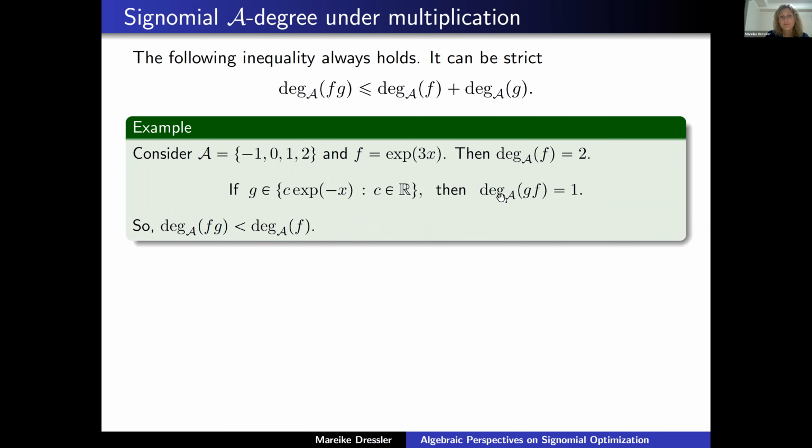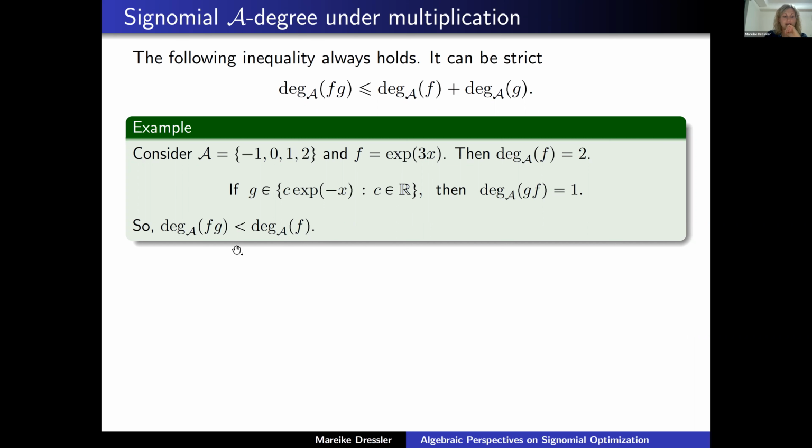But then if I multiply any polynomial or any Zignomial in this non-trivial linear subspace to f, then we see that the outcoming Zignomial would be c times e^(2x), which in fact has A degree 1, because I have 2 in my base set, which gives rise to the basis function e^(2x).